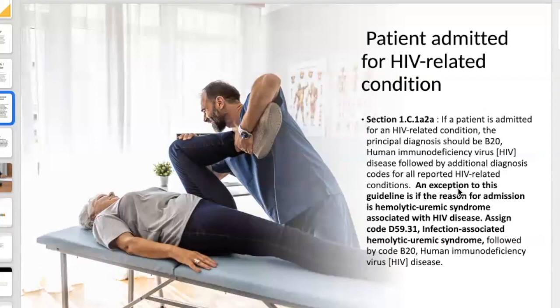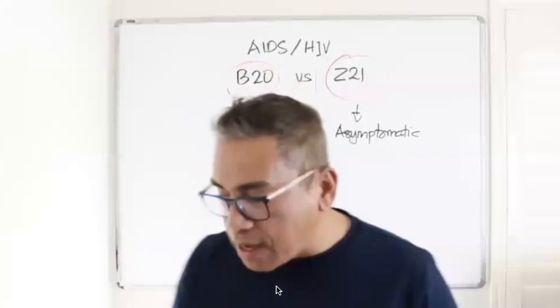Now, there is an exception to this guideline: the reason for admission is hemolytic uremic syndrome associated with HIV disease. Assign this code, D59.31, followed by your B20 code. Okay, let's go to the board again and try to unpack this.